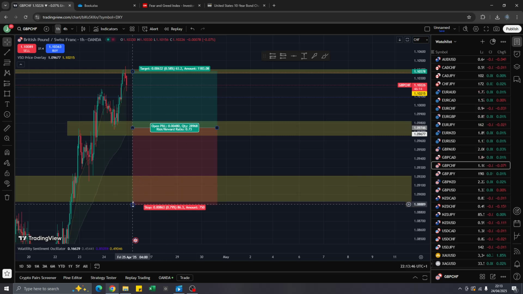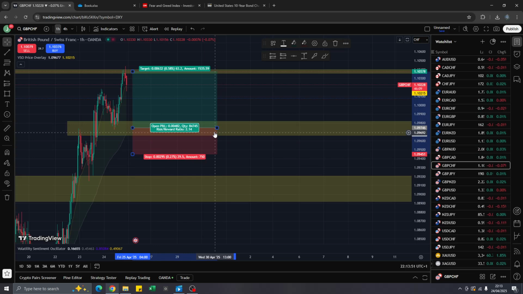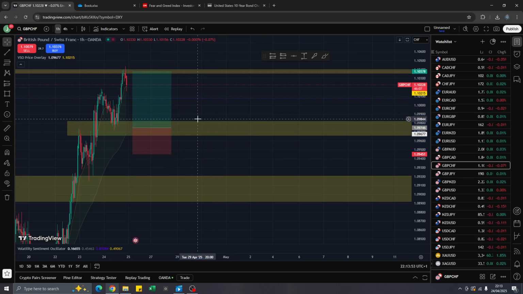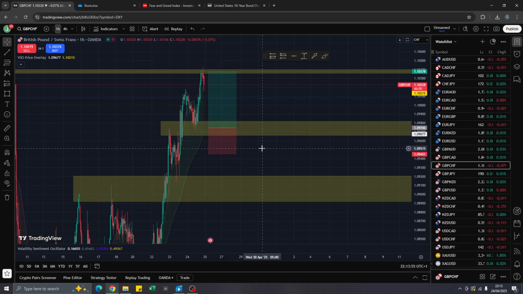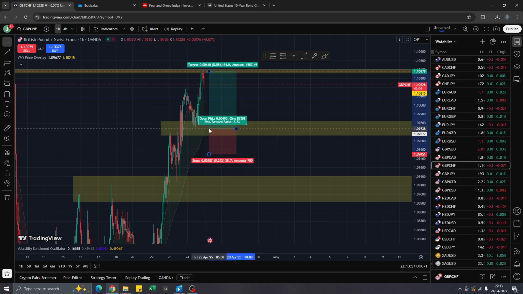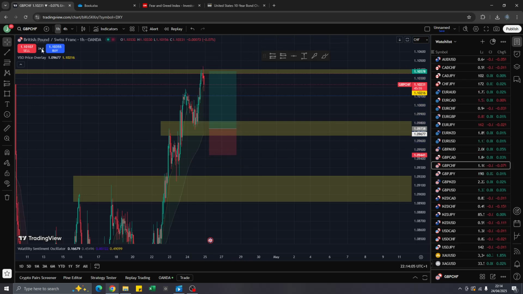So you're going to watch me put on another trade here, 2.14. Very nice, very nice. And I want to put it dead middle, dead center. You never know. Look at this spread. That's why. It's a new trading day, the spread's going to be fat.